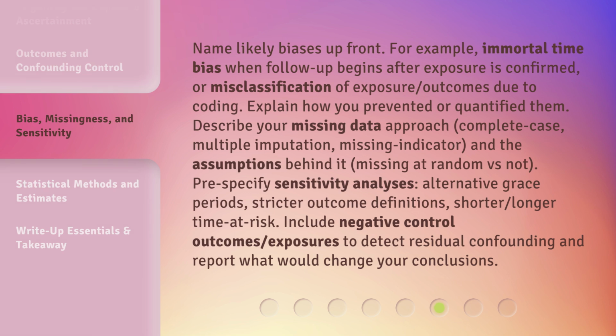Name likely biases up front. For example, immortal time bias when follow-up begins after exposure is confirmed, or misclassification of exposure/outcomes due to coding. Explain how you prevented or quantified them. Describe your missing data approach, complete case, multiple imputation, missing indicator, and the assumptions behind it, missing at random versus not.